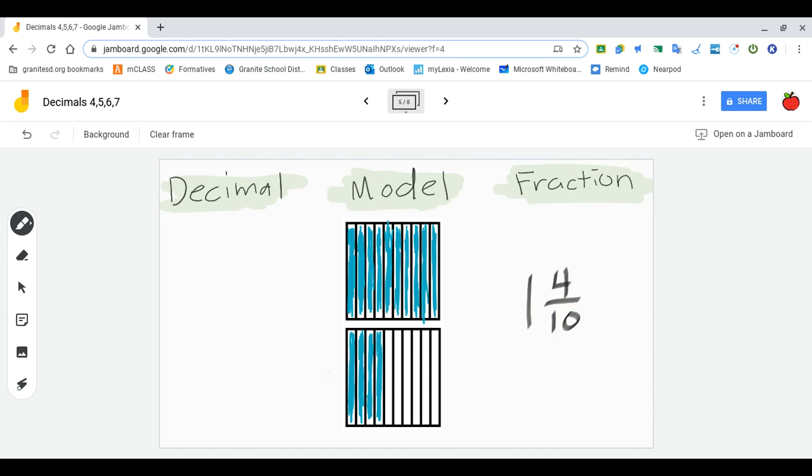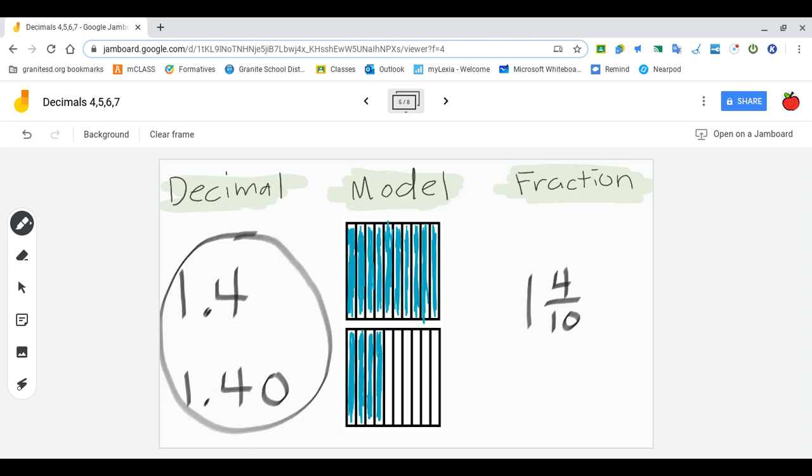I have one whole, and wholes go on the left side of the decimal point. And then the fraction piece, this part of the mixed number, will be represented on the right side of the decimal. So it's 4 tenths. I can still put a 0 on the end and have it be the same value. Both of these would be correct.